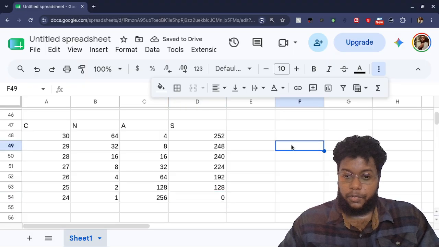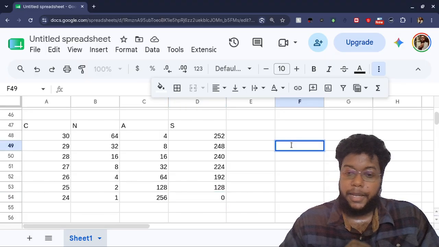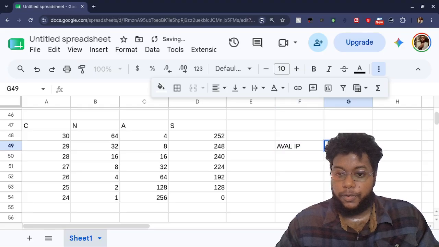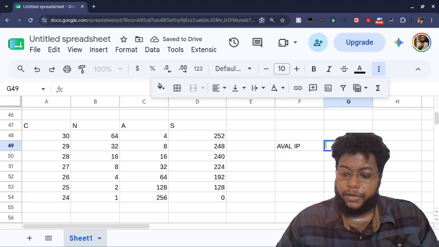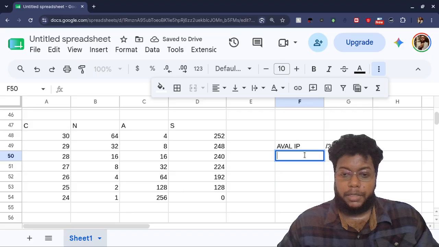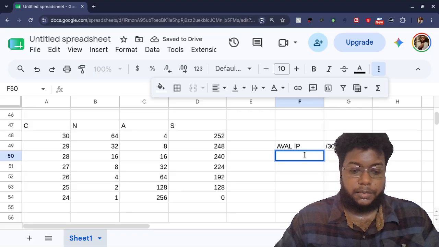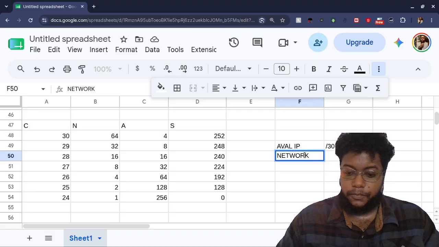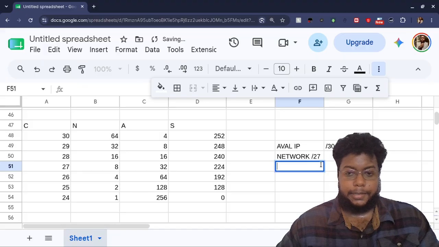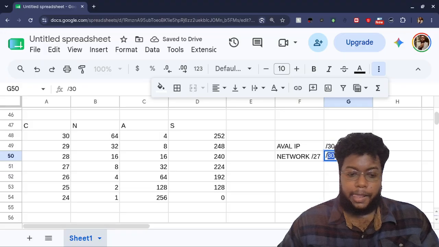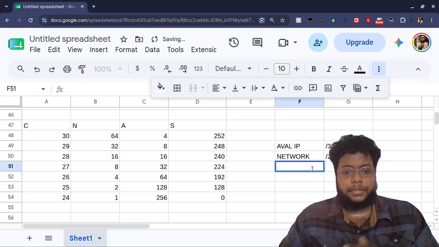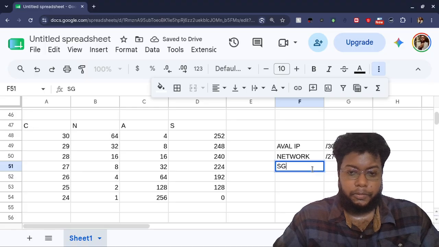I'm going to ask you: I need the available IP addresses for a slash 30, right? I need to know how many networks come from a slash 27, right? And what else?